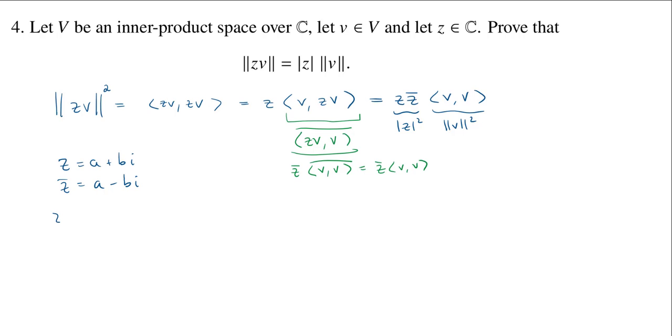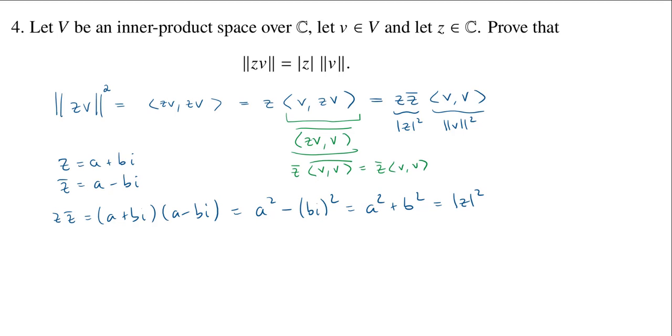And if I multiply them together, this is now a plus bi and a minus bi. Difference of squares. This is a squared minus bi squared. But i squared is negative 1, so this becomes a squared plus b squared. And a squared plus b squared is precisely how we defined the square of the length of z.